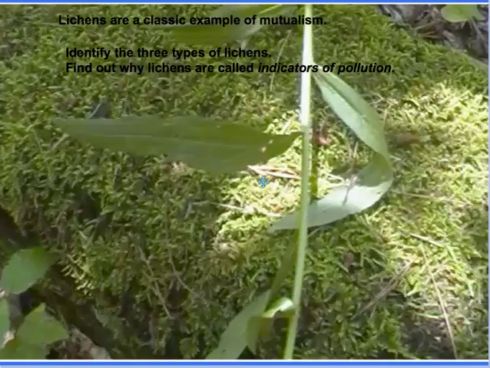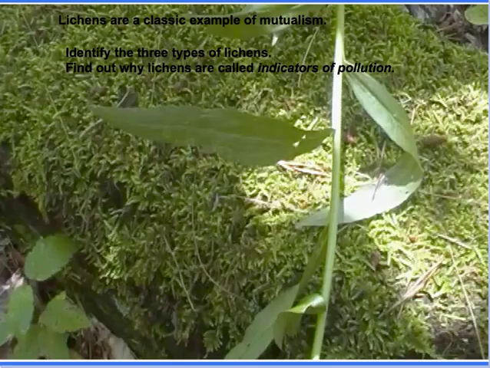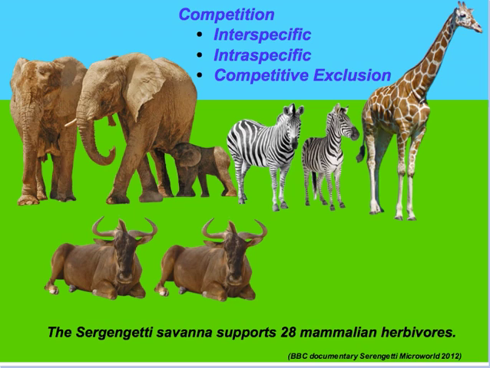I would like you to do some research for yourself, find out what they are, and then I would like you to tell me also why do we call lichens indicators of pollution? And you might want to go outside here in the city and here in Shanghai and see if you find any lichens, and then if you don't find any, you can probably guess why.